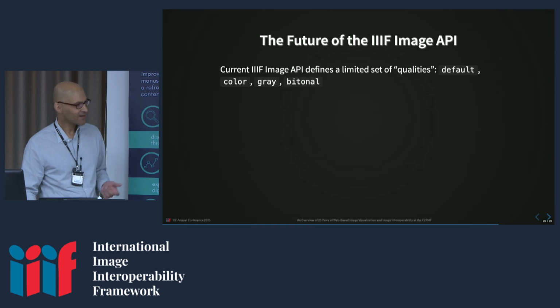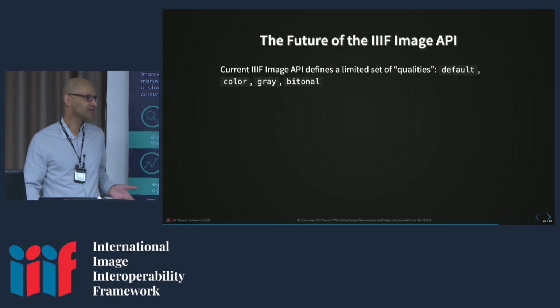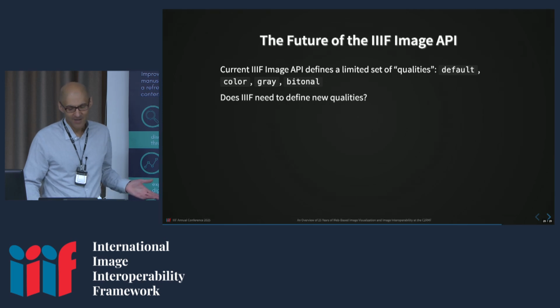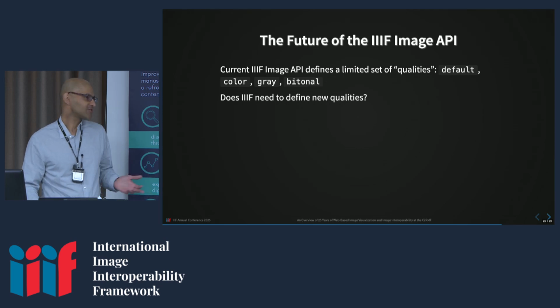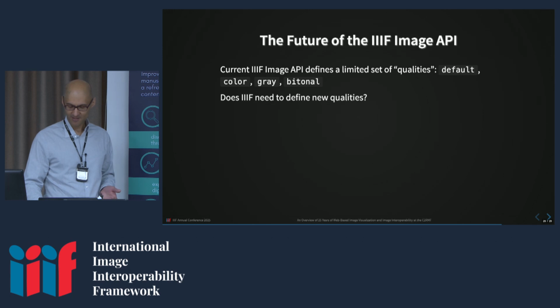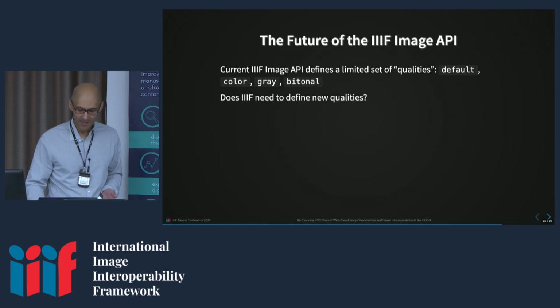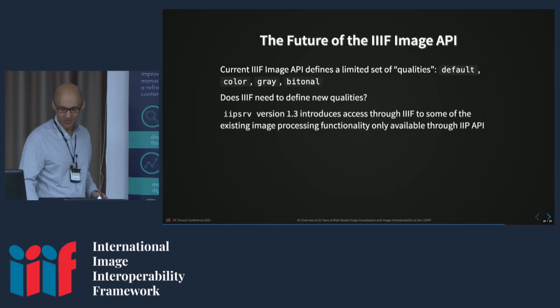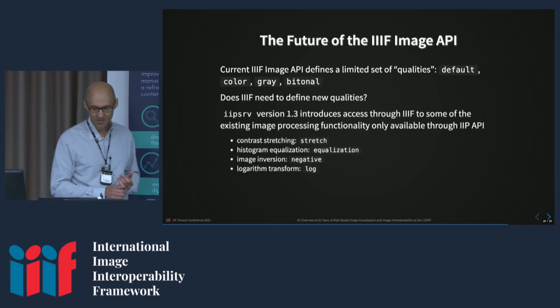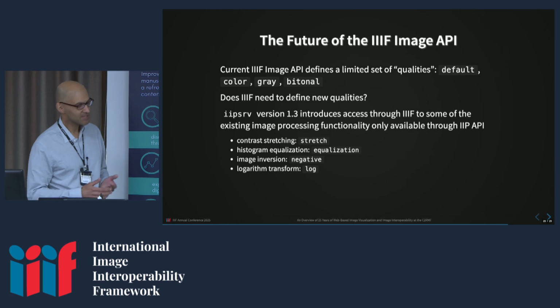So I thought, why not add some of these new things? It opens up a discussion whether the Image API should add new features or not. Maybe it doesn't need to define new qualities. Each image server can just add new things in this extra qualities field. Anyway, this new version introduces contrast stretching, histogram equalization, inversion or negative, and log transform.